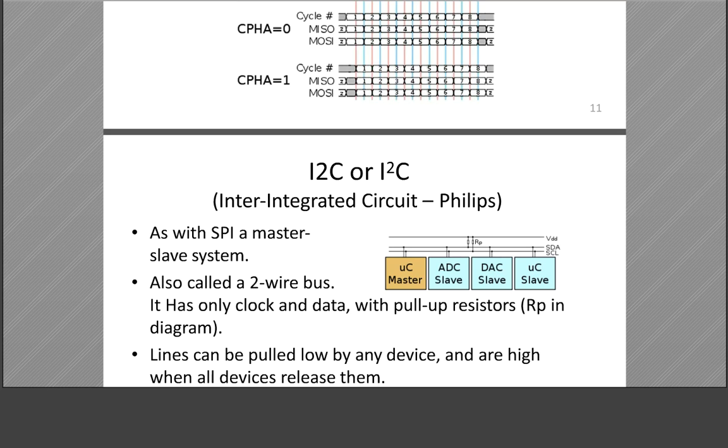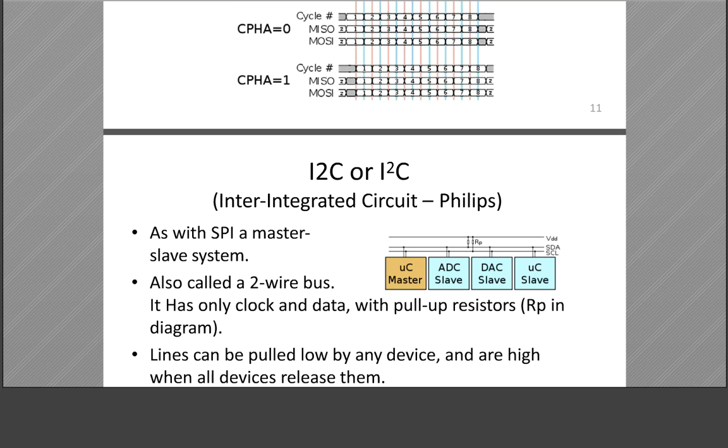We need only two wires for interfacing between many ICs. As here, this is VDD, the power line. These two pins, SDA and SCL, serial data and serial clock, are shared between some ICs.